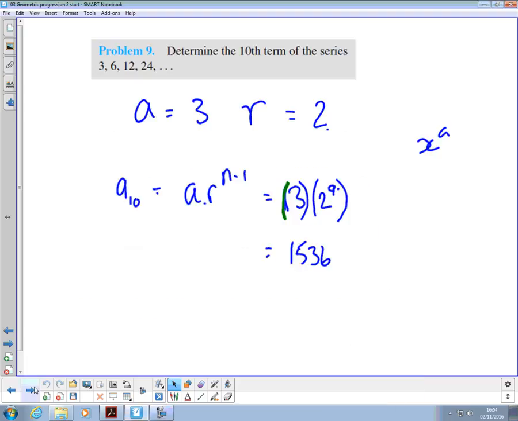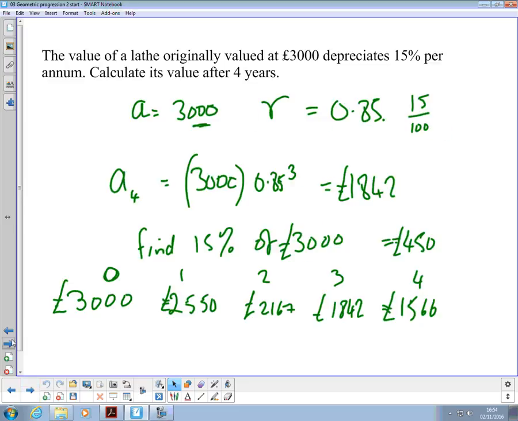And then we went through a problem or two. I'm not going to go through those in too much detail. But we had the value of the lathe, and that's where we come up against this thing about, yes, it's for 4 years, but how many numbers are in the progression? We've got to include the start, the £3,000, as well.